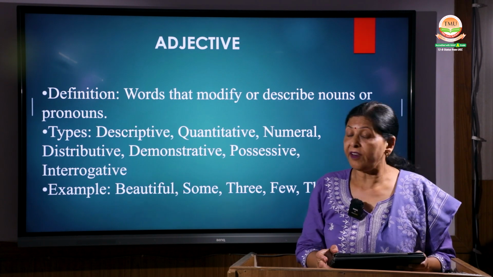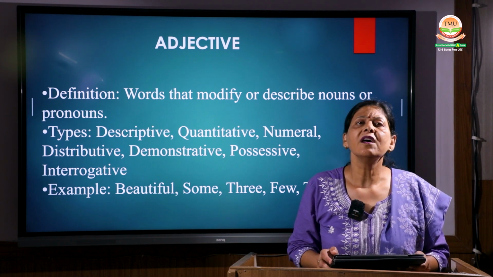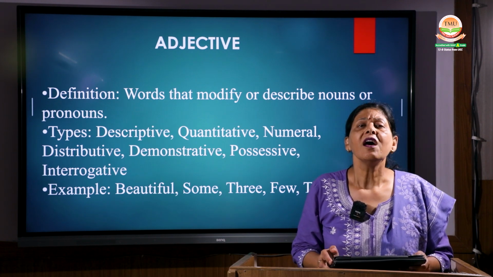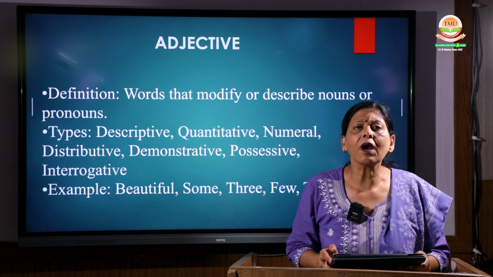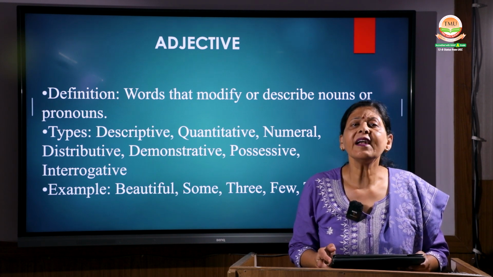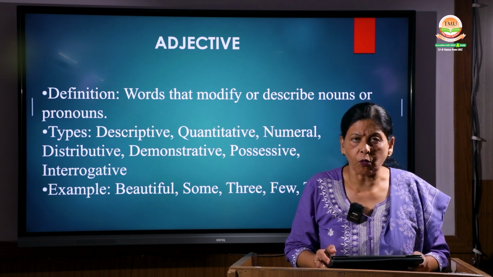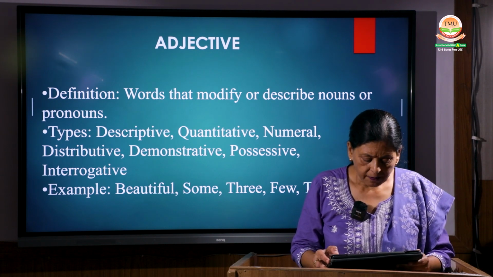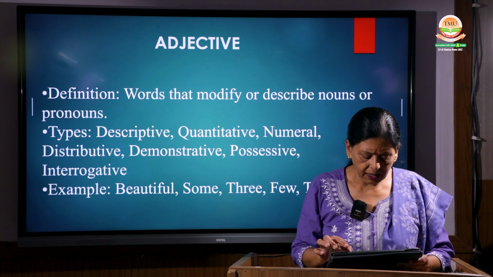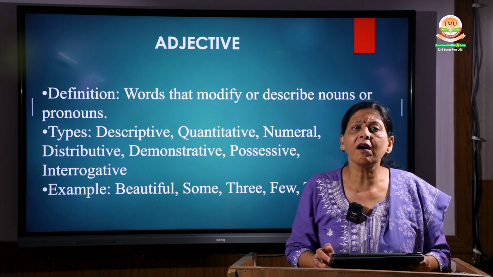Now the next category is adjective. What are adjectives? Adjectives are words that tell us more about a noun. Adjectives are words that highlight the quality of a noun. For example, she is a beautiful girl.